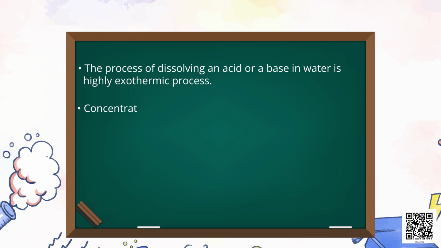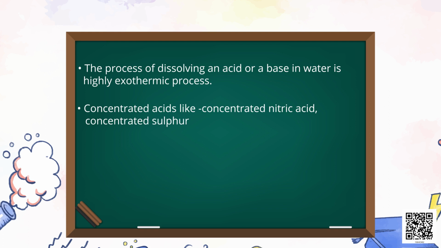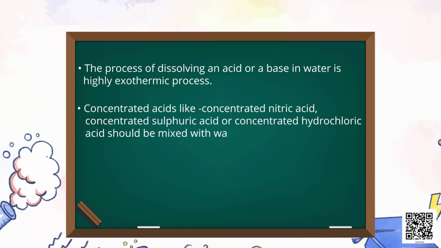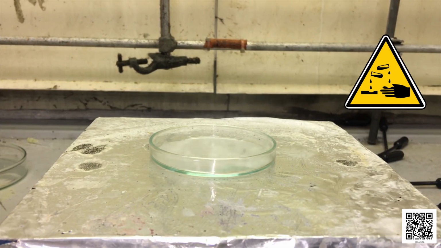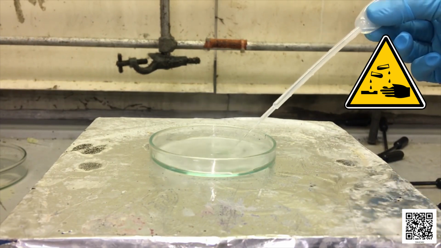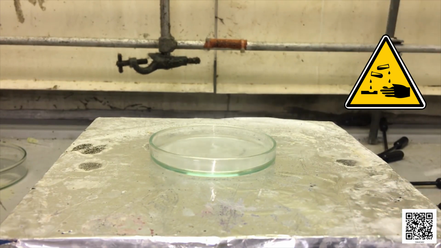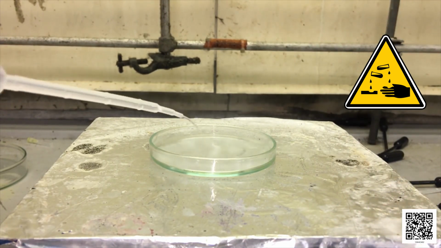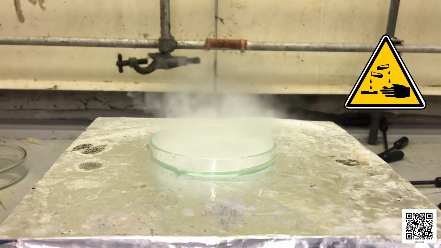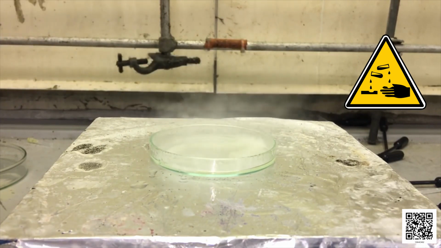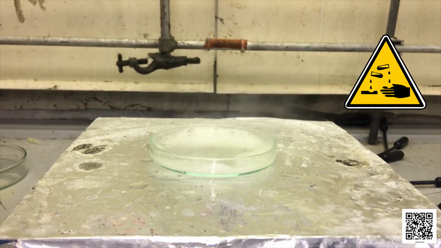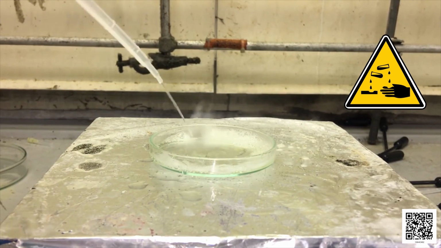Concentrated acids like concentrated nitric acid, concentrated sulfuric acid, or concentrated hydrochloric acid should be mixed with water very carefully. Never add water to a concentrated acid because in doing so, a lot of heat is generated, which may cause the mixture to splash out and cause burns. The excess heat generated can even cause the glass container to break.